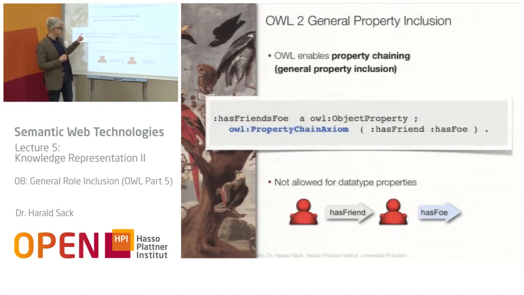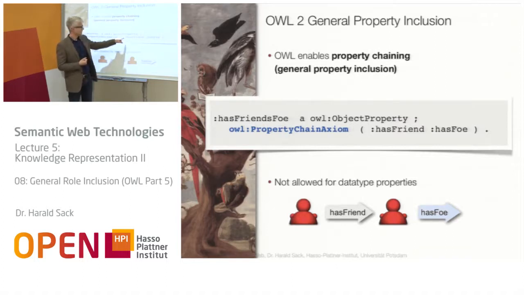So for example, if we stay with our hasFriendFoe property, we can say that this new property hasFriendFoe is an object property, and this object property has the OWL property chain axiom, which means we define a general property chain, or general property inclusion, of the following two simple properties.